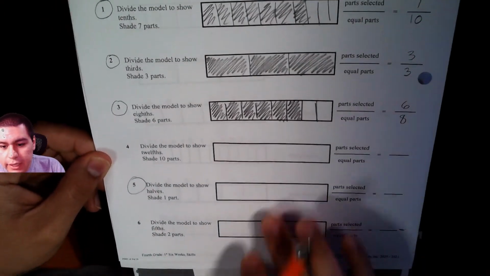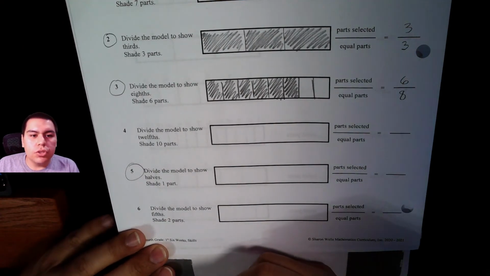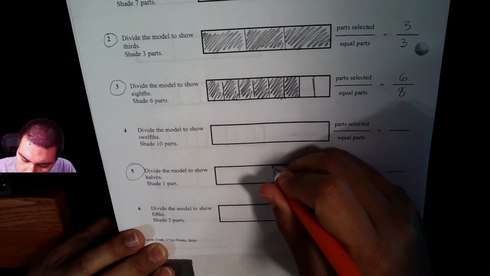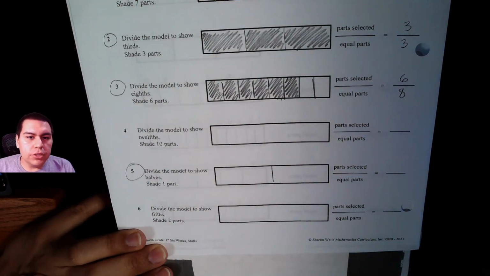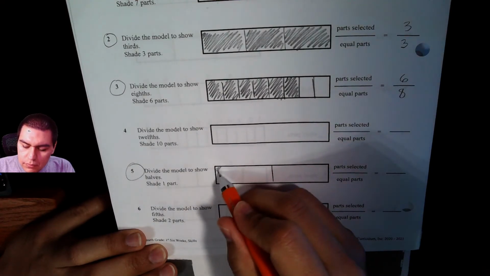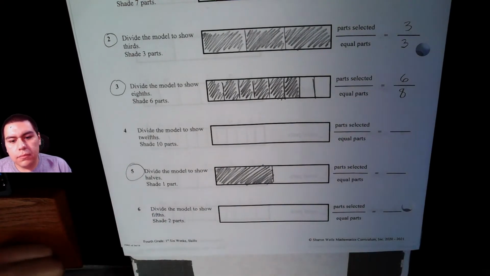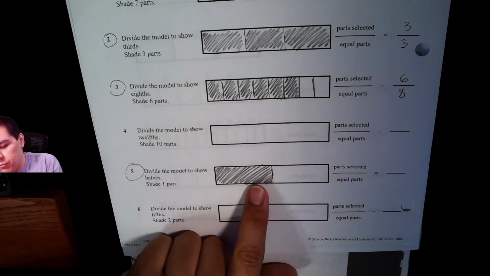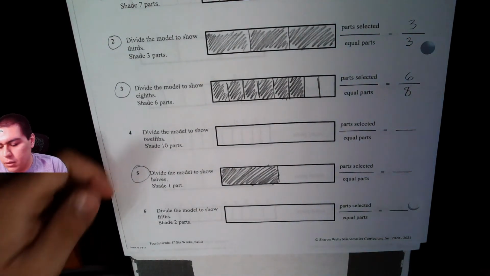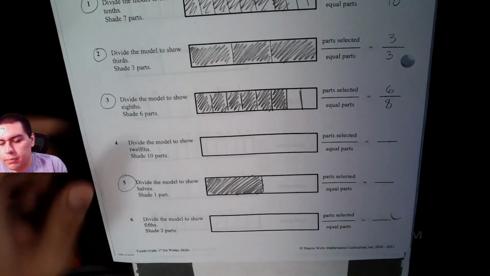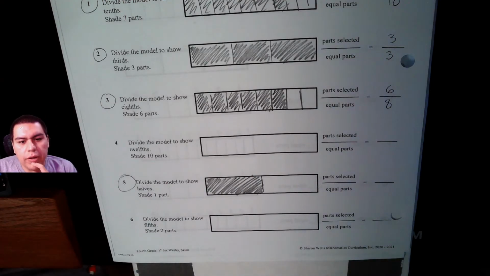Okay, for the last one that I wanted you all to work on, problem 5. Divide the model to show halves. I'm going to draw one line in the middle, and it says shade 1 part. So I should have 1 part shaded, 1 part blank. Who can tell me what fraction matches this model? What would the fraction be?